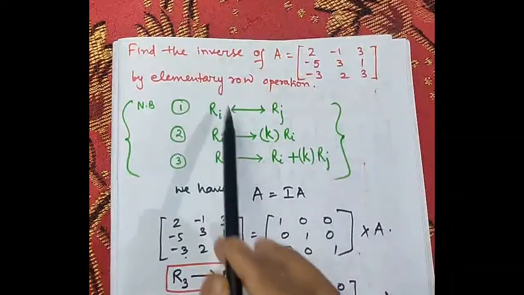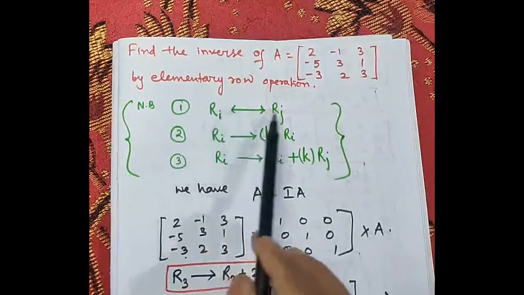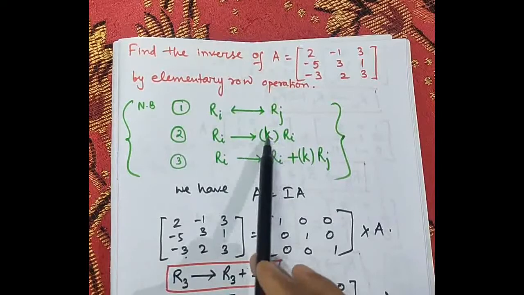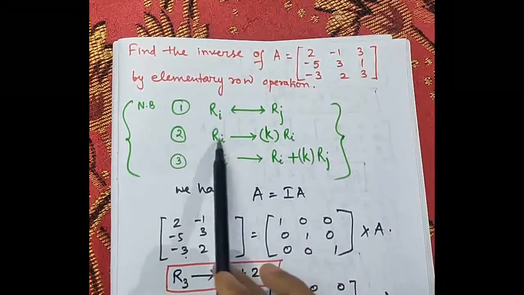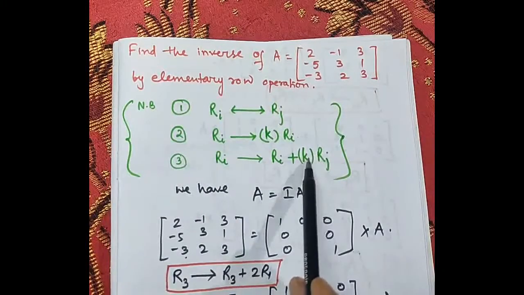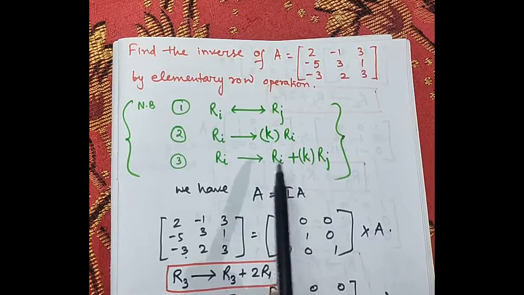These three types of operation we have to perform over here so that we can make this matrix into the identity matrix. First operation is interchange of any rows. Second operation is multiplying a scalar with any row, the row which we want to change. And third one is we multiply a scalar with a row and add it to the row which we want to change.